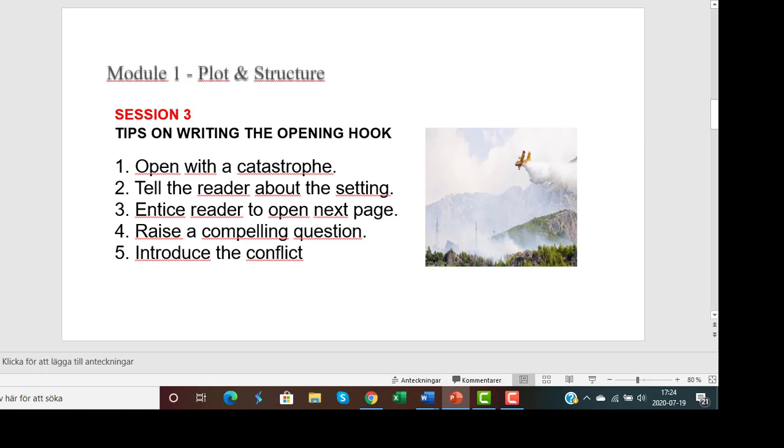Number 4, raise a compelling question. You can do that by withholding information. For example, in the last example, whereby they want to kill off a large amount of people. That example creates a lot of curiosity and a lot of questions in the mind of the reader.